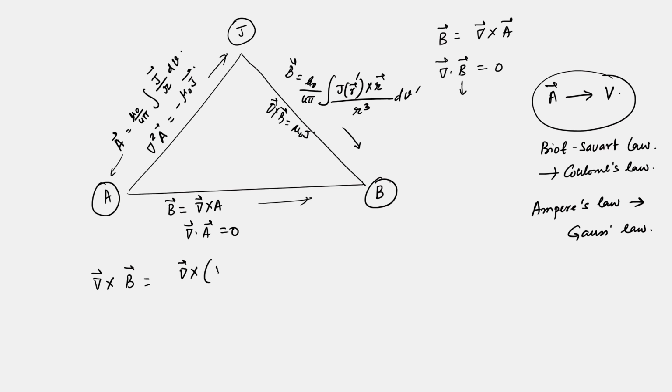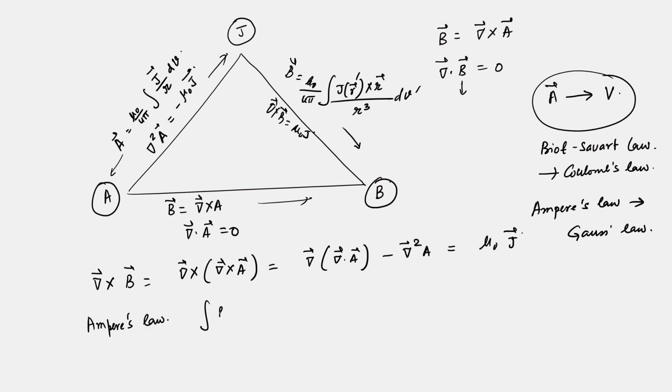So, curl of B means curl of curl of A, and curl of curl of A can be written as gradient of divergence of A minus the Laplacian of A. Okay. And this is equal to mu 0 J. Okay. And so, this actually comes from Ampere's law. So, we should also write down Ampere's law.